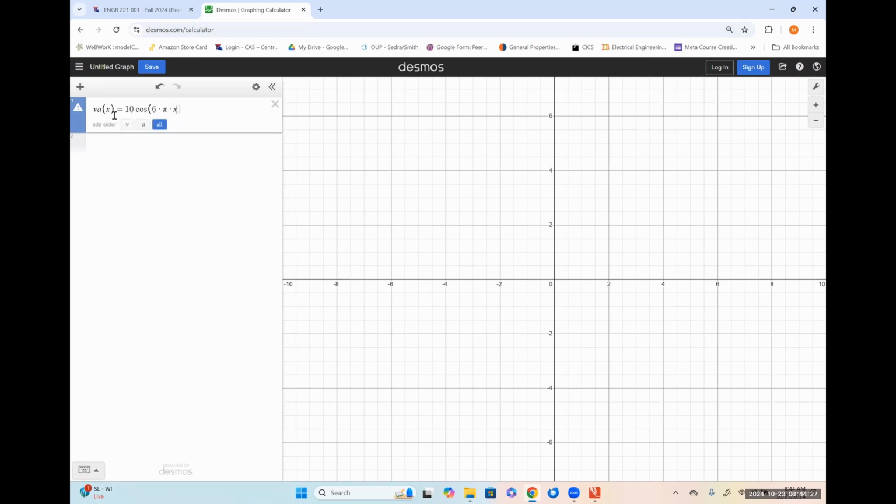And then what was the phase angle? Plus 30. Right now, that 30 is in degrees. I'm going to convert it into radians. I'm just going to multiply that 30 by pi over 180 so that it's converted into radians.